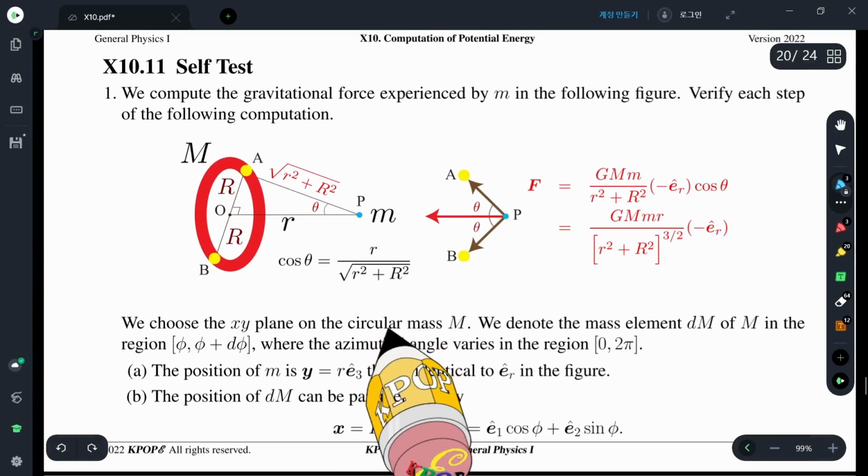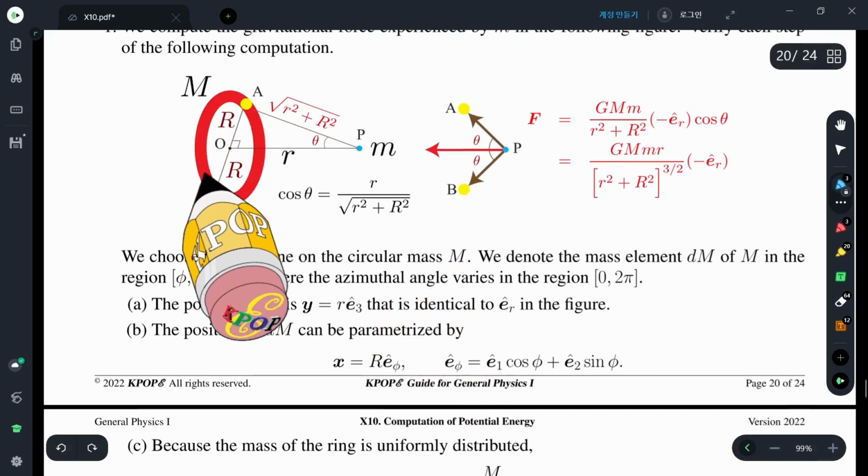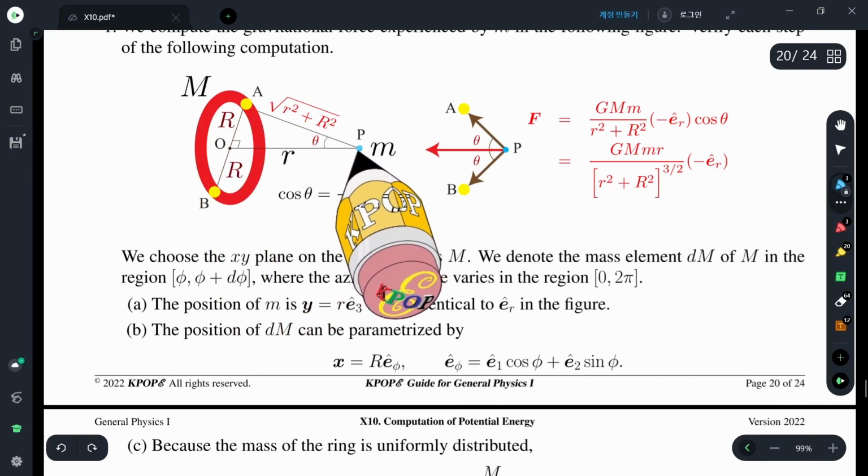And now we return to the same problem. Previously, we just used some trick to evaluate those integrals, but why don't we integrate directly? Recall the ring and point mass problem.